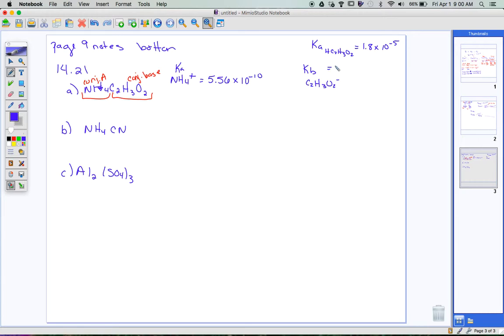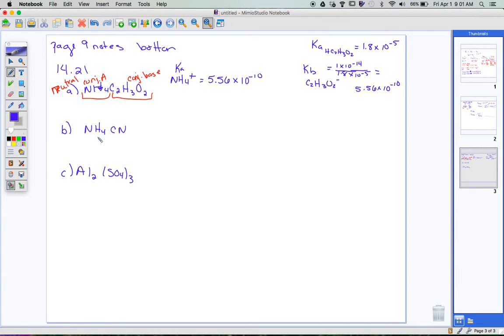So to find the Kb, it's 1 times 10 to the minus 14th divided by 1.8 times 10 to the minus 5th, and we're going to get the exact same number, 5.56 times 10 to the negative 10th. So both of these are exactly the same, so they'll affect the pH the same. This one will still be a pH of 7, or neutral.